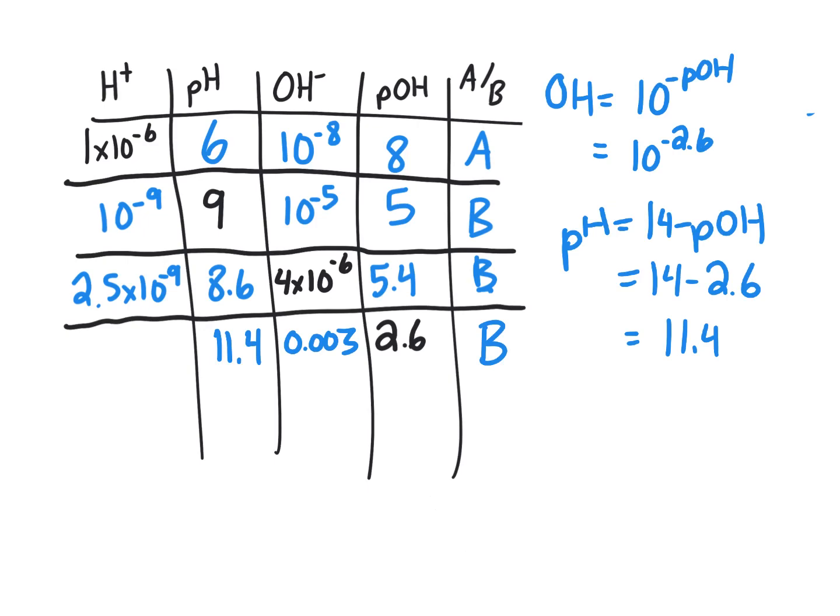Last step to get H is 10 to the negative 11.4, and I get 4.0 times 10 to the negative 12.